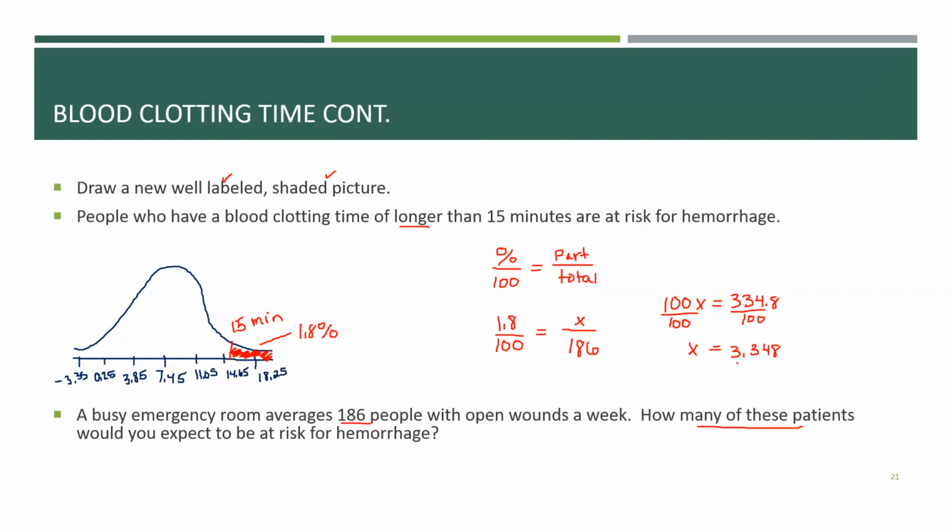And this is people, so I will round. Looking at the tenths position, I will round this to just 3 people. So of all of those who come in, just a few people are at risk for hemorrhaging. The rest, their blood will start clotting. Obviously, we want to get them help. They're in the emergency room, all of that. But we have that extra step when it asks us for how many as opposed to what percentage.